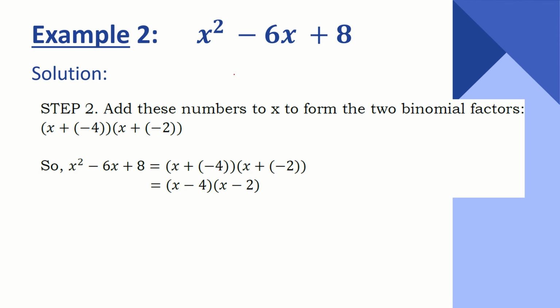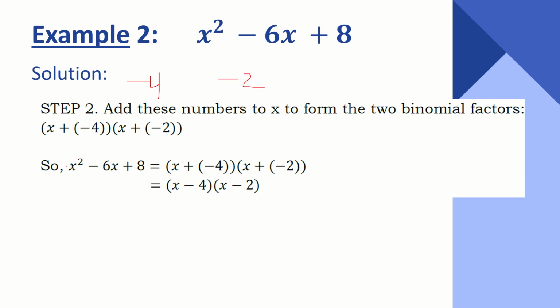add these numbers to x to form the two binomial factors. Diba? Atong factor is x is, atong tuha ka factor na kuha ganiha is negative 4 o negative 2.